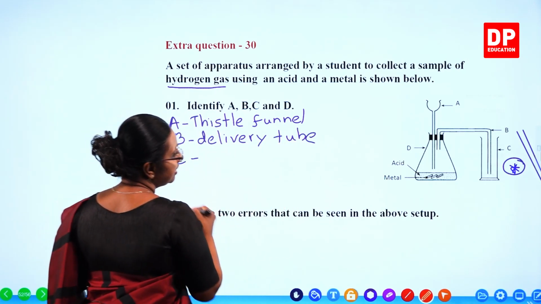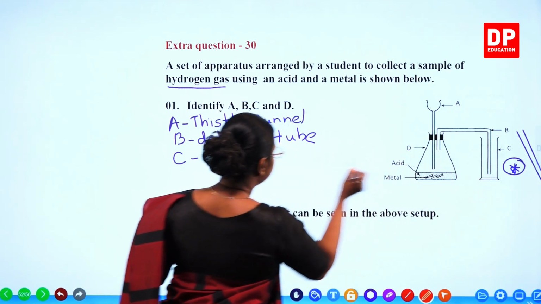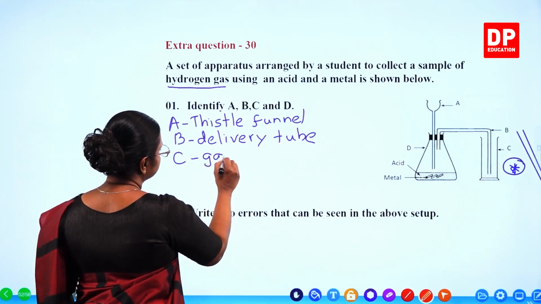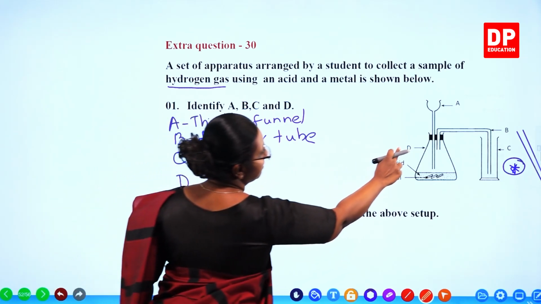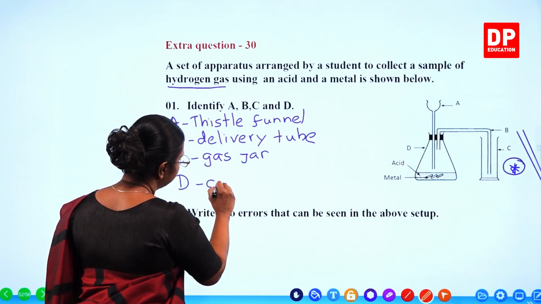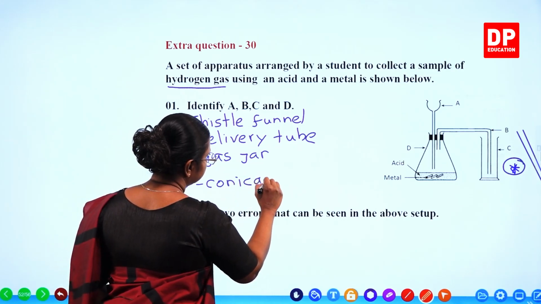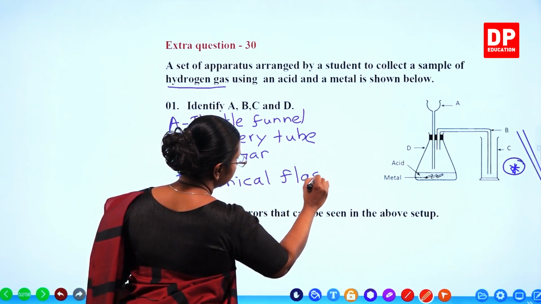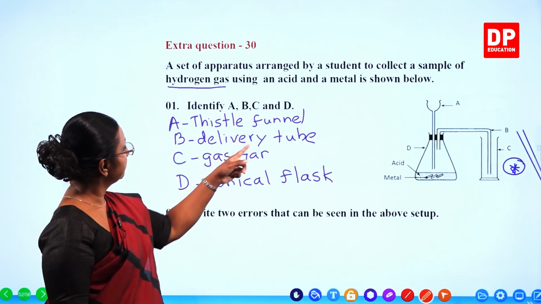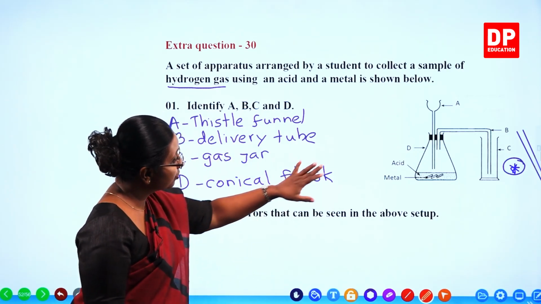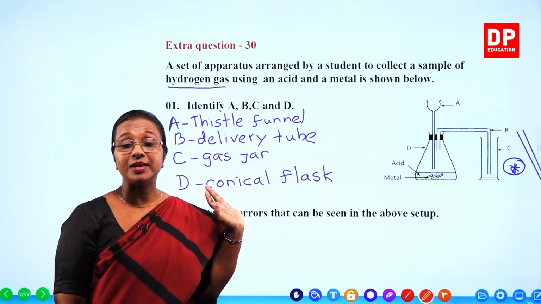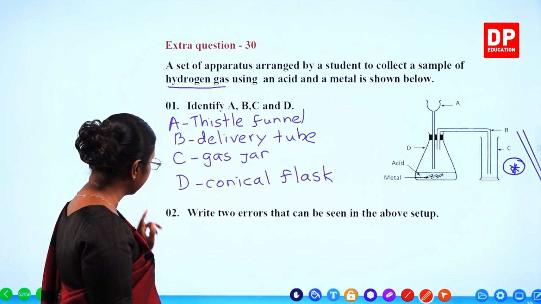Then there is C. Here C is the gas jar. And D is labeled here, that is the conical flask. So thistle funnel, delivery tube, gas jar and conical flask.